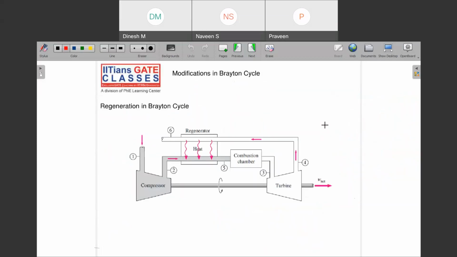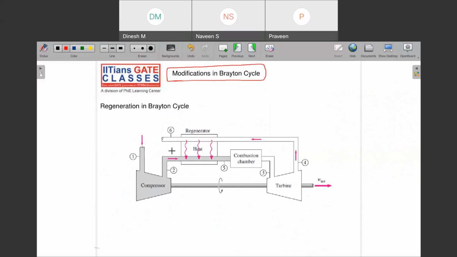Now let us move to whether there is any modification in a Brayton cycle possible so that I can get higher efficiency. I would say yes, there is. See, what happens is that you are trying to add heat to the gas which comes out of the compressor.